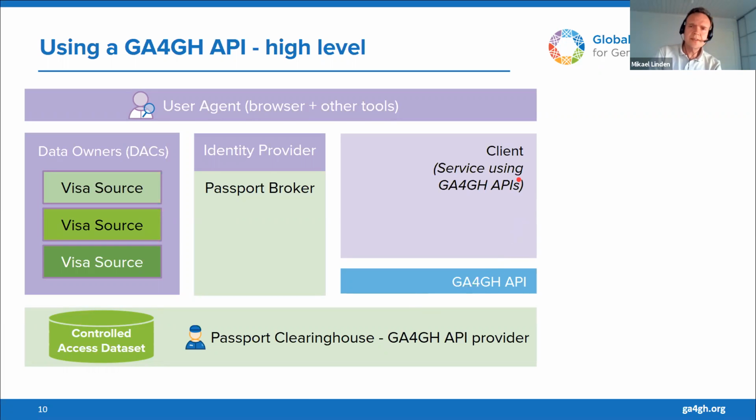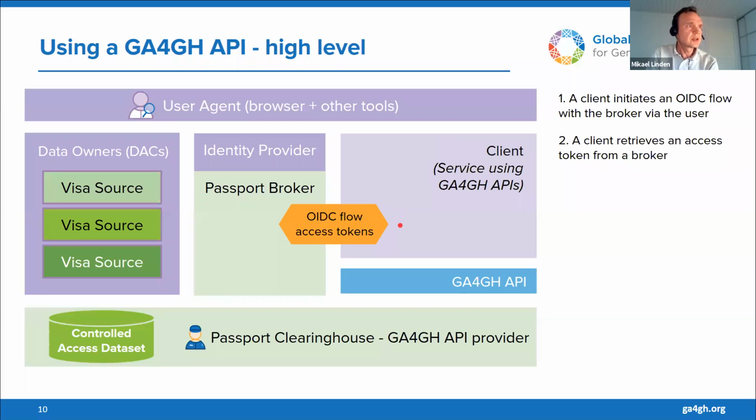And the client is the tool, the workflow, the pipeline system that wants to make use of Global Alliance services. So it is a component that takes the first step to initiate the interaction with the broker and the upstream visa sources.